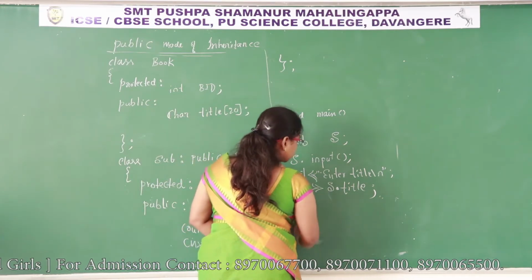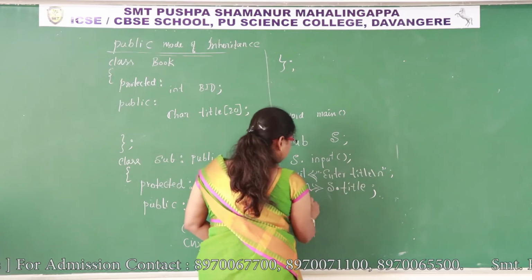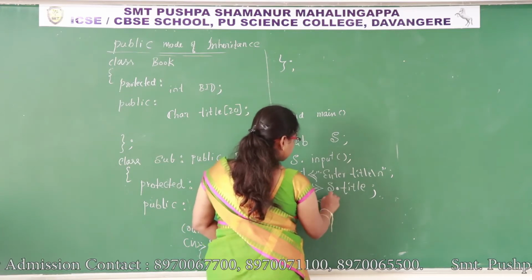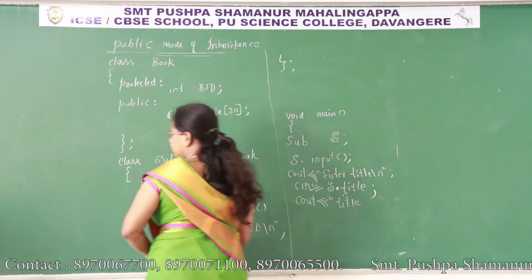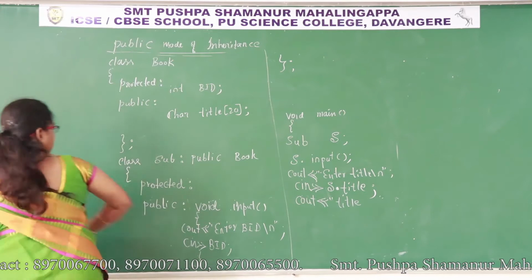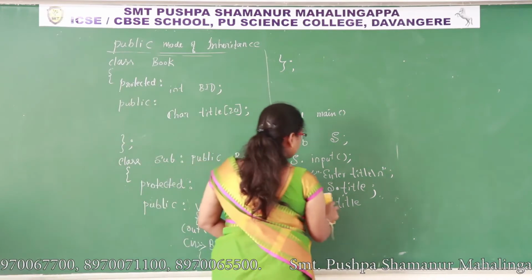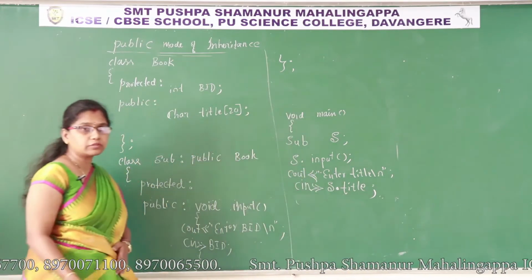Now I want to display title. This public member can be accessed through the member function and also the non-member function.